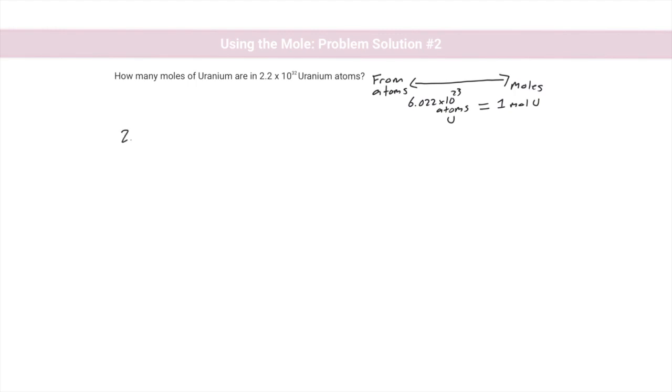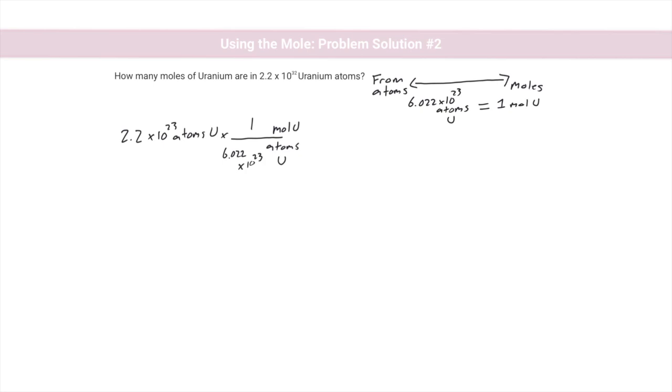We write out what we're converting. It's our atoms of uranium. That means atoms of uranium must go on the bottom in the denominator and moles on top. 1 mole to 6.022 times 10 to the 23rd.